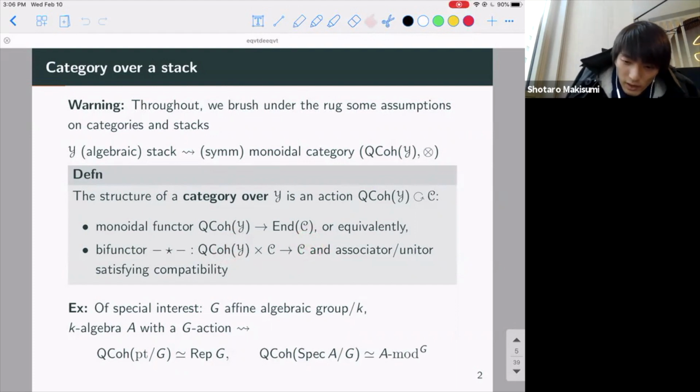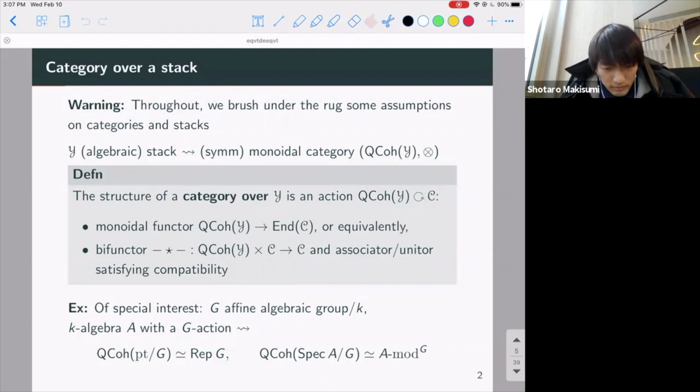Or if you unwind that a little bit, you can say it's a bifunctor. This tells you how a quasi-coherent sheaf acts on an arbitrary object of C. And this action, as usual, has to satisfy some conditions: there has to be an associator and unitor satisfying some compatibility. That's a definition, but we really want to understand it and make it a bit more manageable.